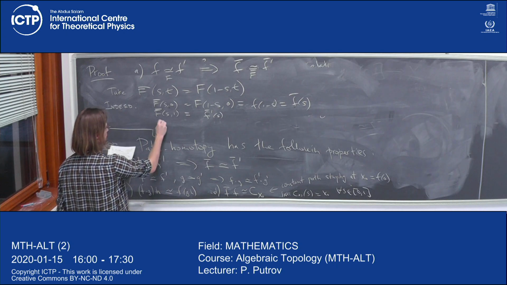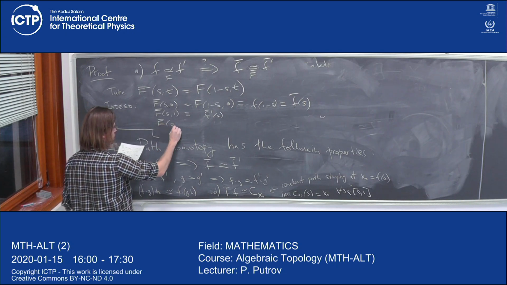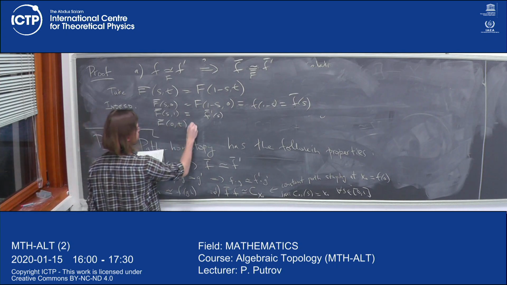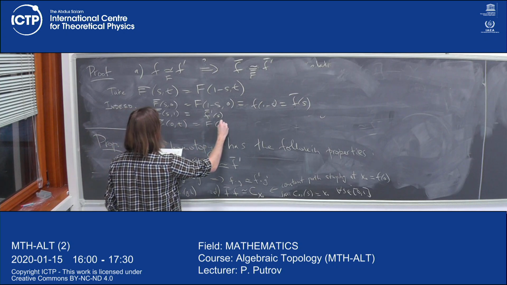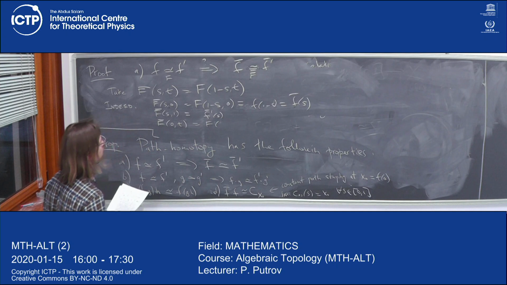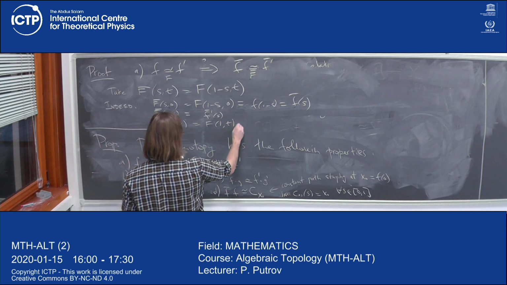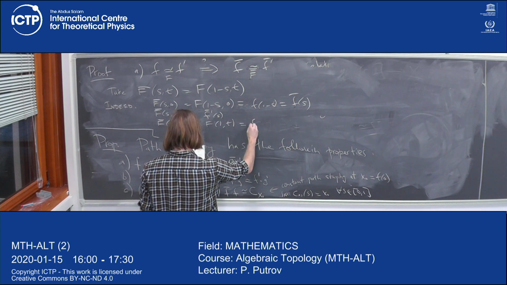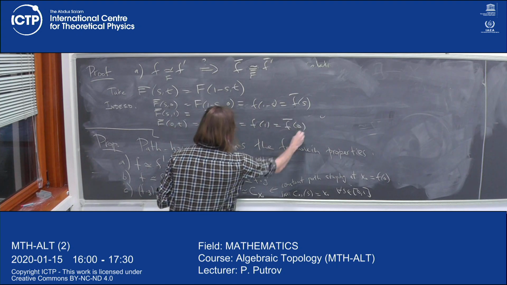Another condition we want to check is the value when the first argument is 0. So this is f of 1, t, which is f of 1, which is the same as f bar of 0.